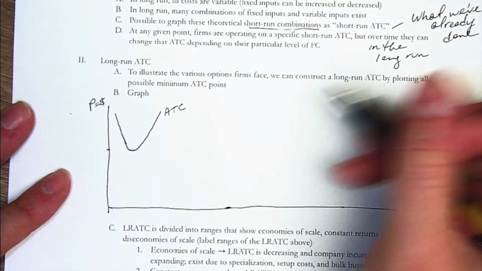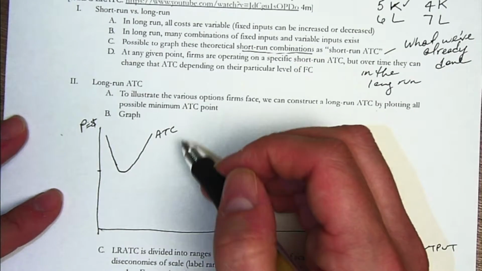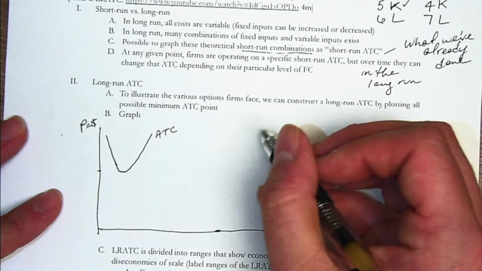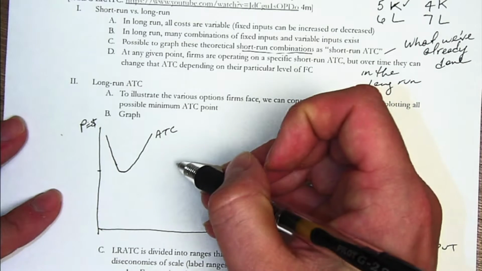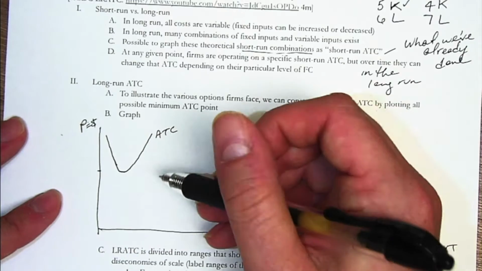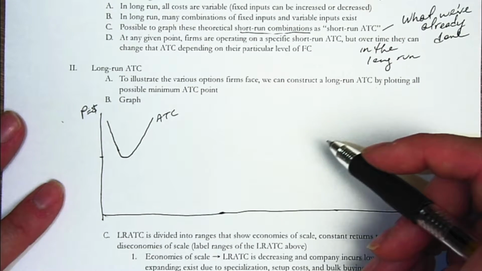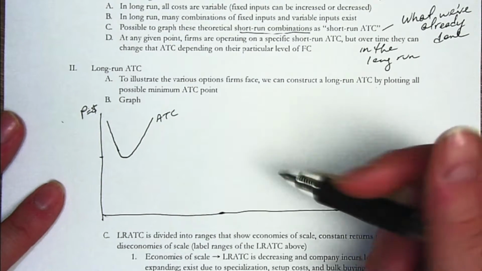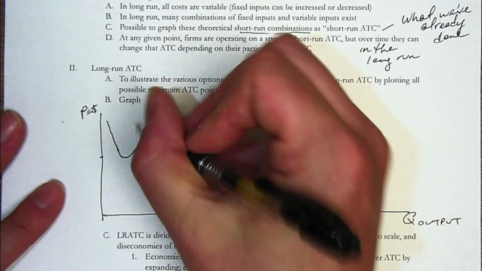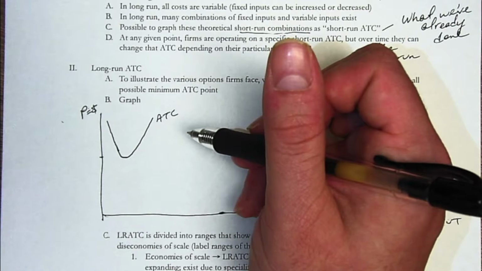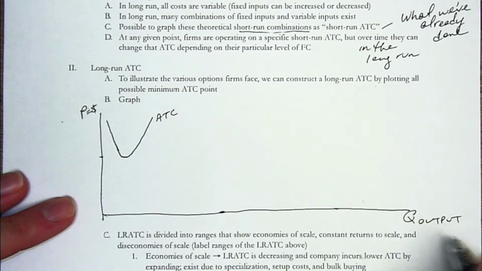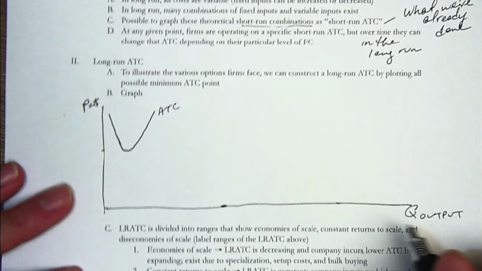But if the company expands, doubling the amount of inputs, they can spread out some of those costs. The reason is that they spread the size of the company over more and more quantities of output. What we're really doing is spreading out our fixed costs.